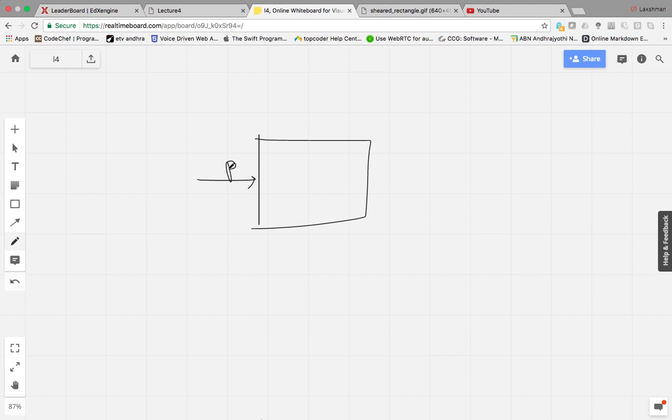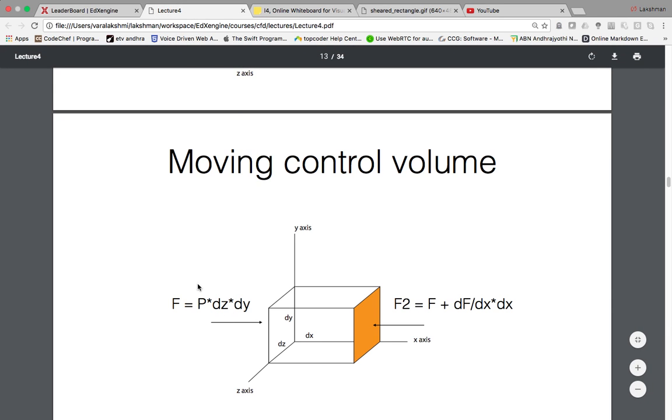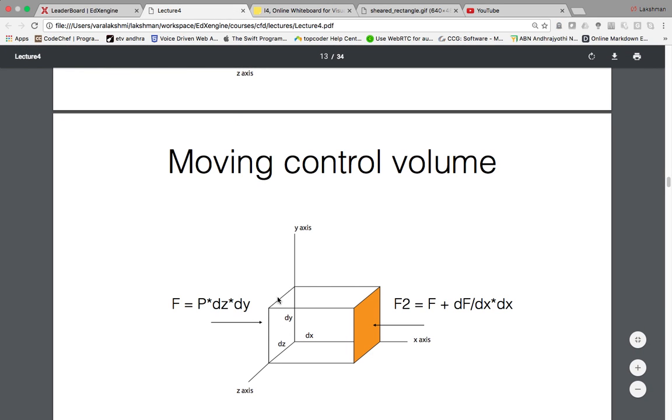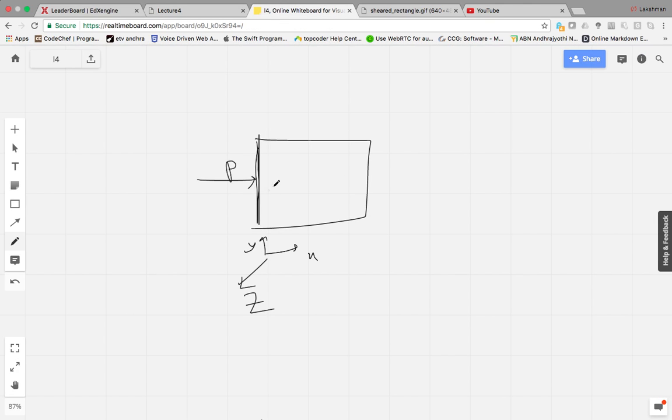So in the previous slide, here we have considered p dy dz. So this is x, y and z. This is this plane. We are actually seeing this particular plane dy dz through this z direction. That's why I just considered this plane, a 2D plane.